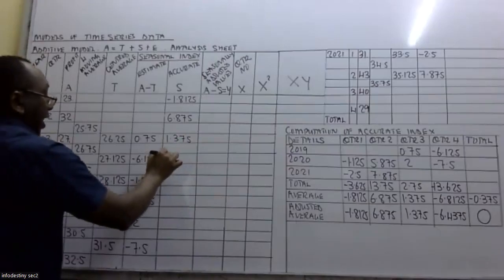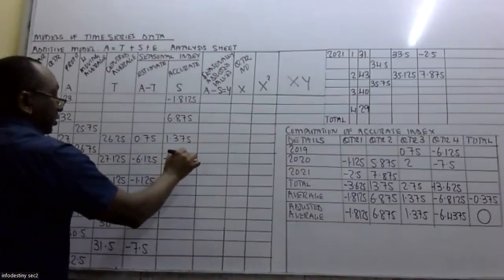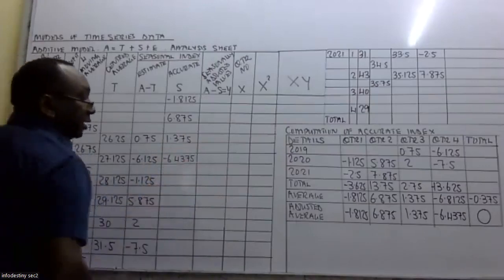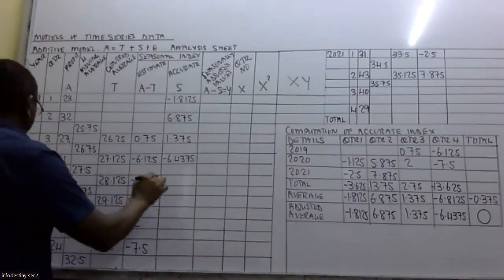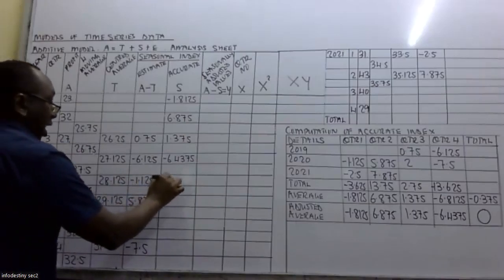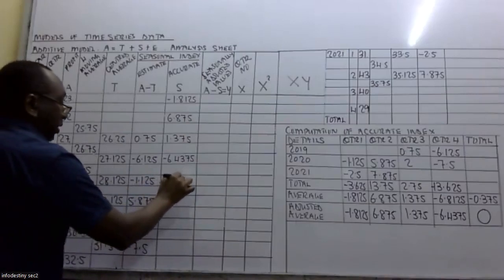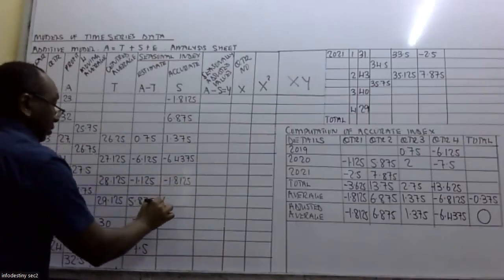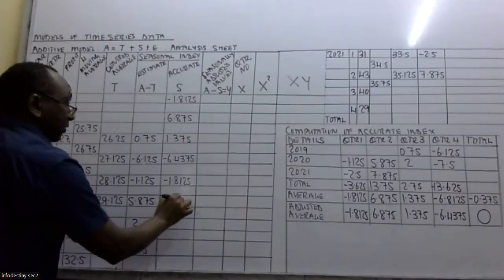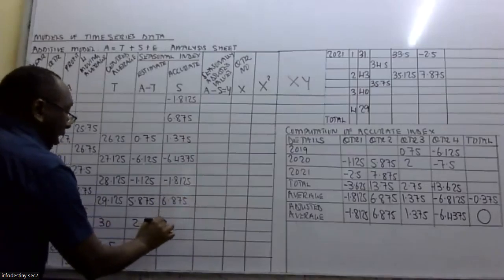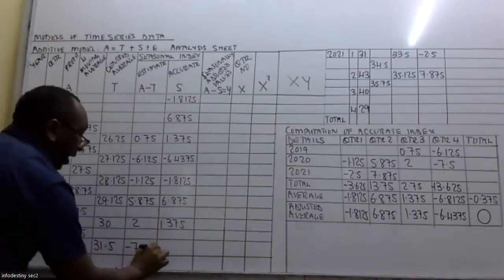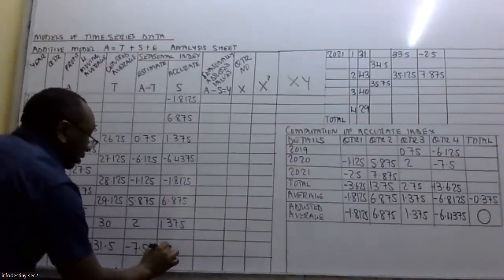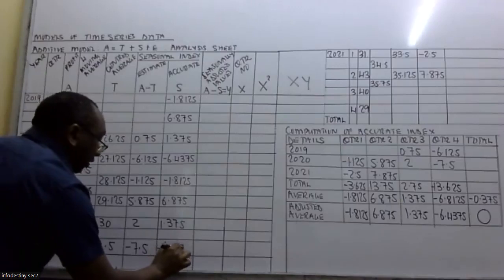Quarter 4, negative 6.4375. Then you start repeating again. Negative 1.8125, 6.875, 1.375, negative 6.4375.